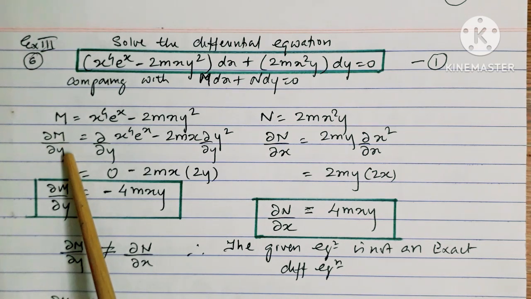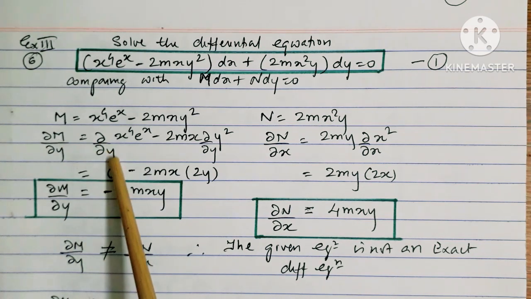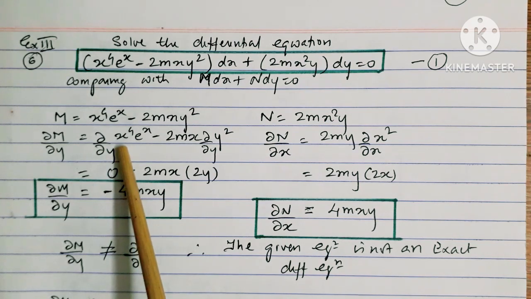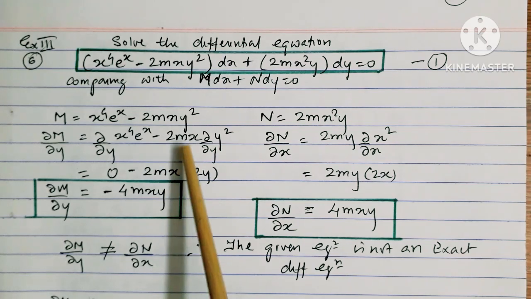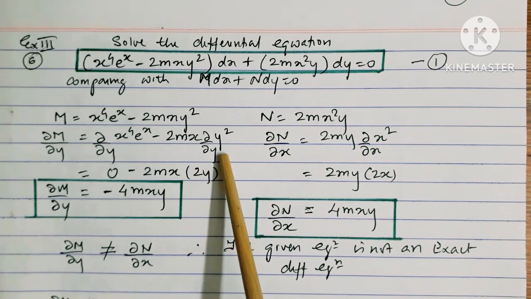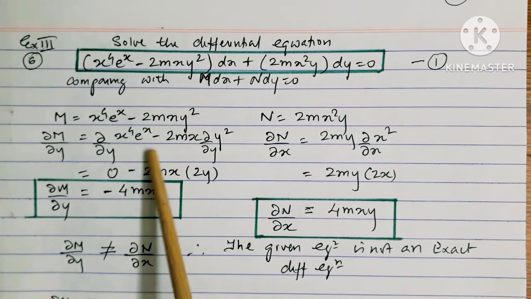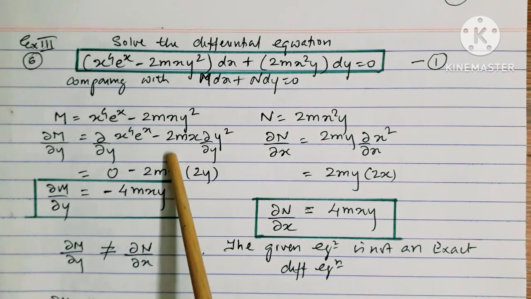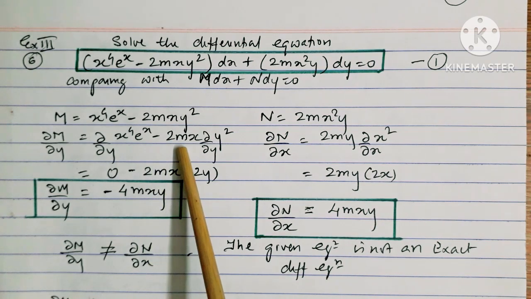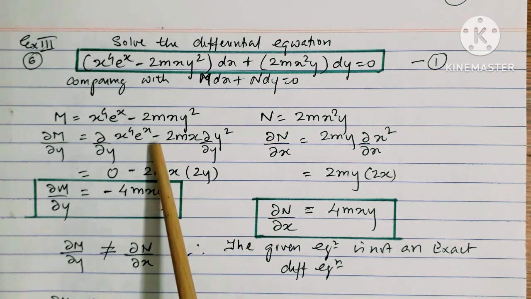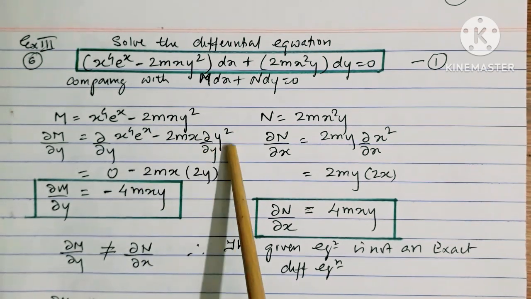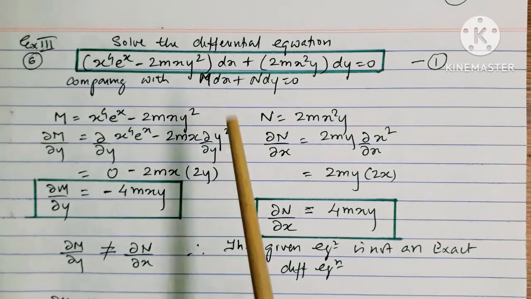So del M by del y equals to del by del y of x raised to 4 into e raised to x minus. Now whenever you are differentiating partially with respect to y, you have to treat x as a constant. Now this m is also a constant, therefore minus 2mx comes outside, so this is minus 2mx del by del y of y square.